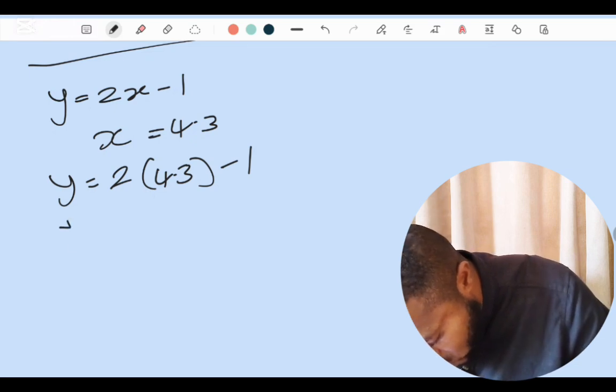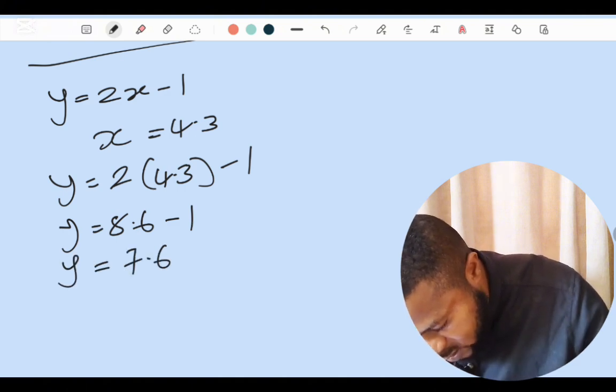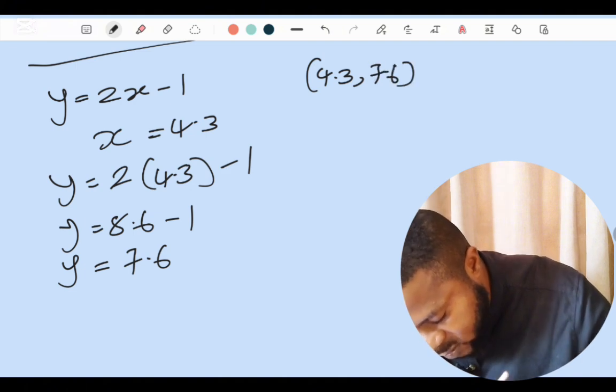So y is equal to 8.6 minus 1, so y is equal to 7.6. So for this coordinate, when x is 4.3, y is 7.6.